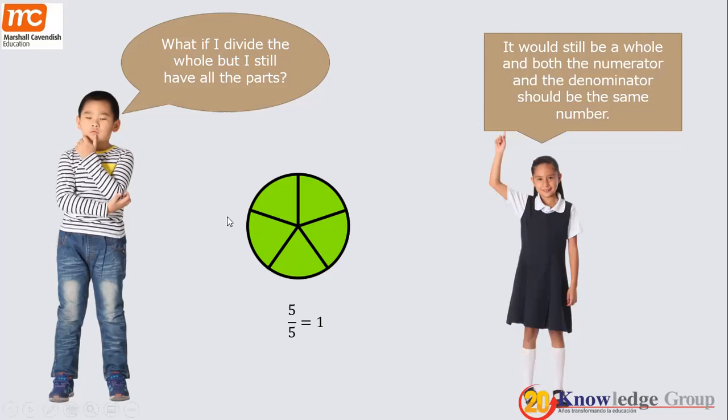Yeah, it is divided into parts, but it hasn't lost any part yet. You still have all of them. So that's still a whole. So whenever you have a numerator and denominator that are the same number, that equals 1. One thing, one whole.